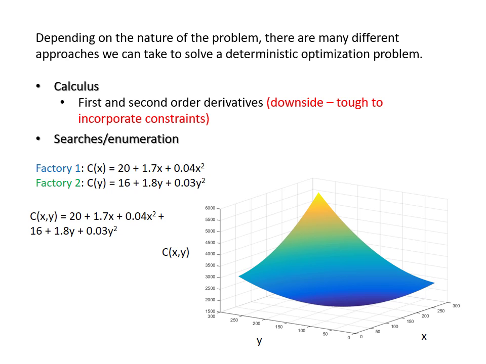So we have different values of x, different values of y, and then on the vertical z-axis I'm plotting the value of the cumulative cost function. I'm adding c of x plus c of y into this combined equation, and I'm looking at different combinations of x and y where x plus y equals 260, and then I'm plotting them.